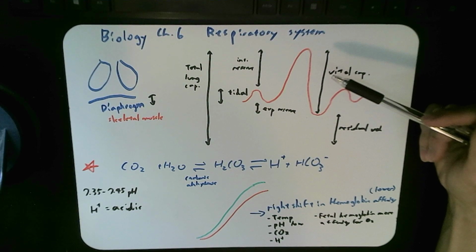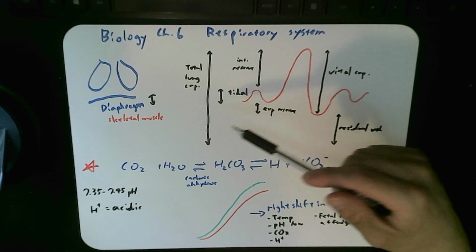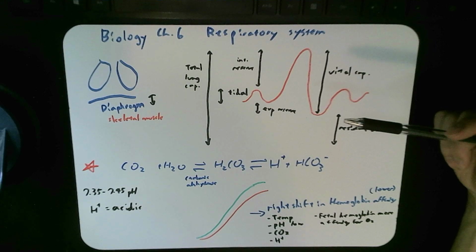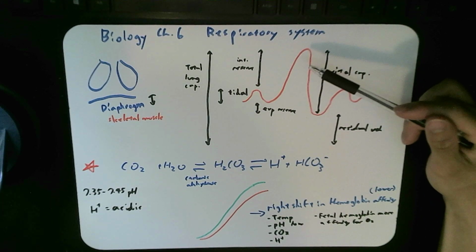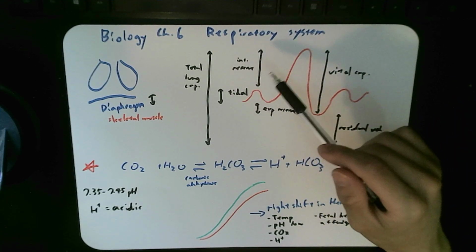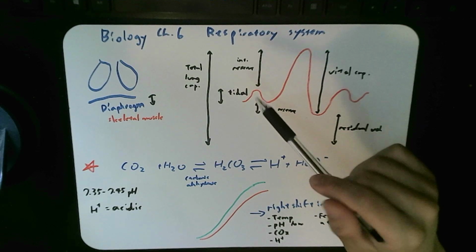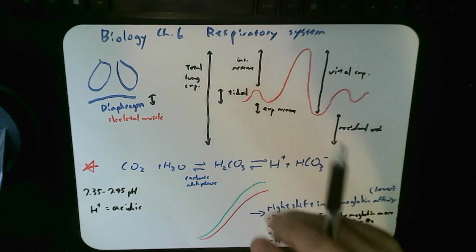And of course we have our tidal volume, which is how we breathe normally without any extra exertion. Now, if we want, we could breathe in all the way, and the excess from our tidal volume is the inspiratory reserve volume, which you can breathe in a lot more of.